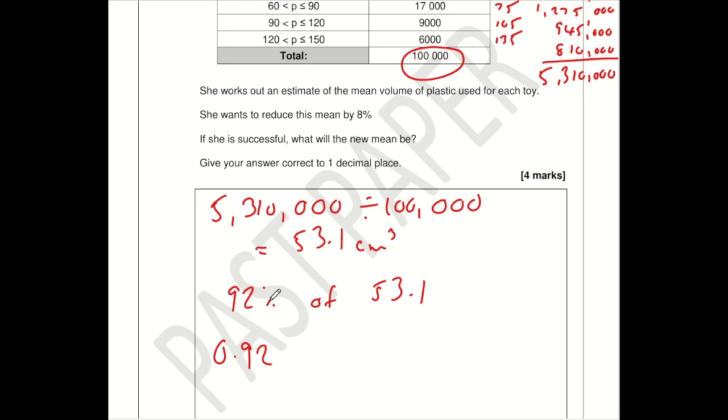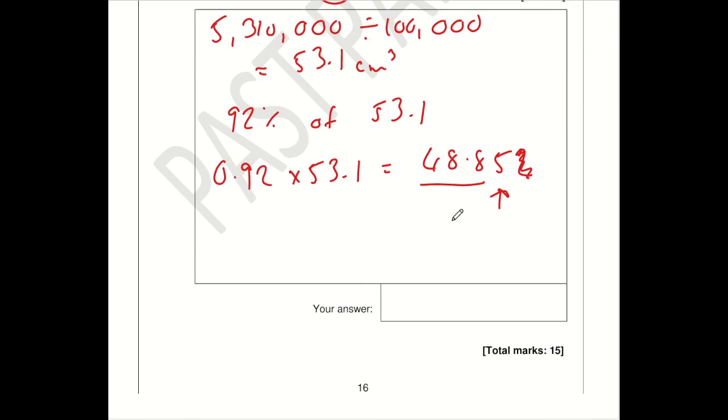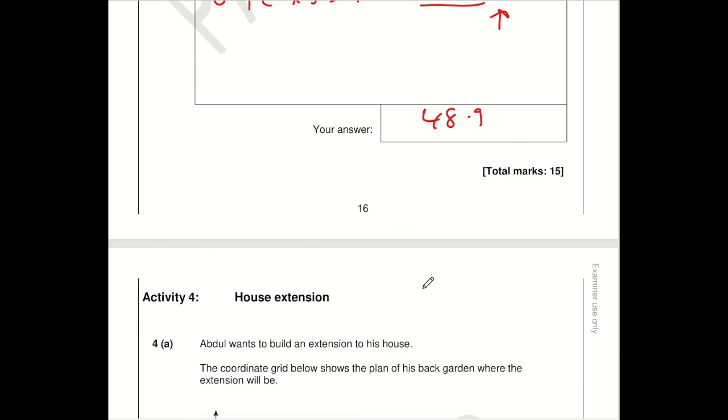It's this percentage figure divided by 100. So it's 0.92 multiplied by 53.1, and that comes to 48.852, but we want one decimal place. So we're interested in the value of the second decimal place. It's a 5, so the column to the left will move up one, so that will become 48.9.